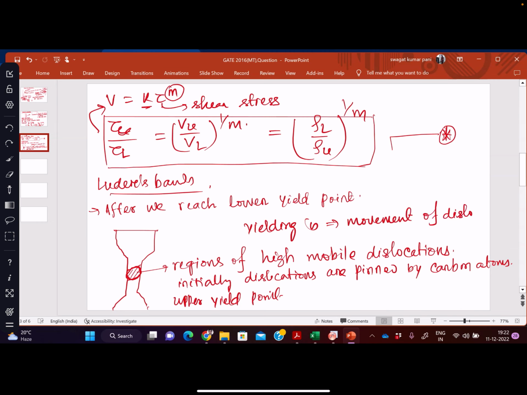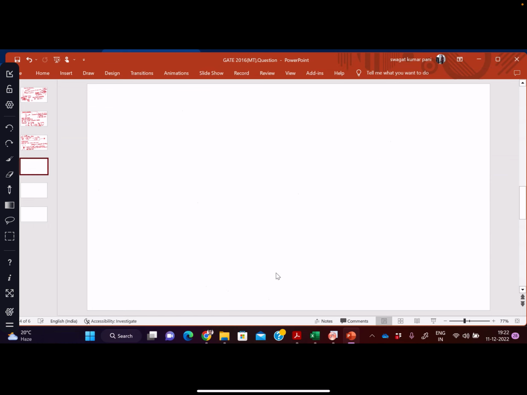That's how slip occurs, and slip is the reason for yielding of the material. So at certain regions we have so many dislocations. So at this point this band forms, and what happens then? After that, uniform elongation will take place.